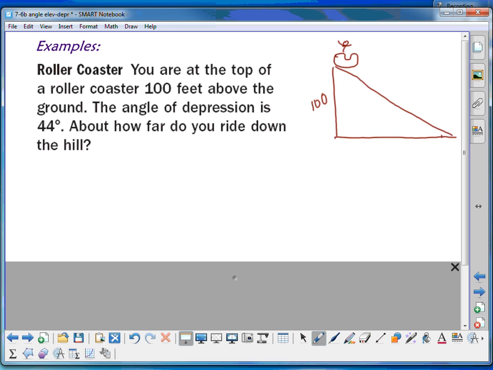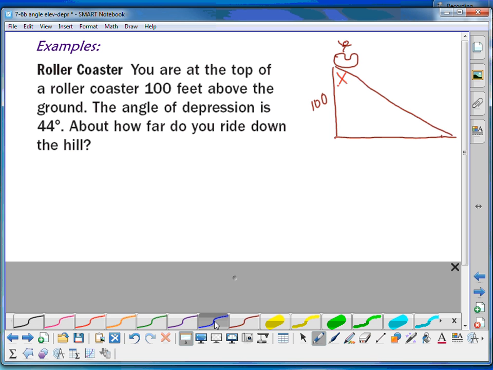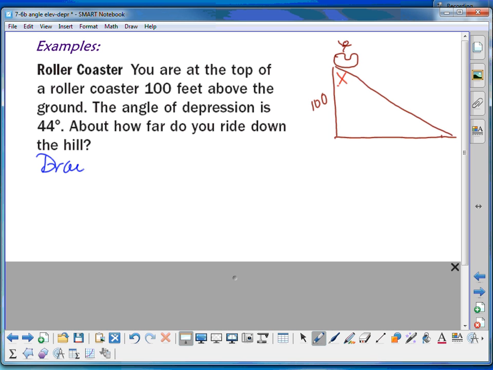All right. So the angle of depression is 44 degrees. Now this is really important. This is not the angle of depression here. You have to draw your horizontal line.